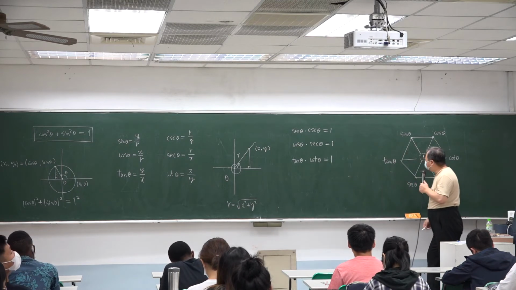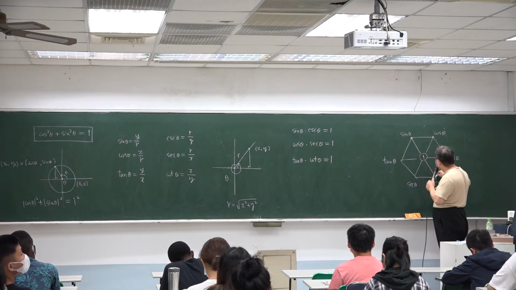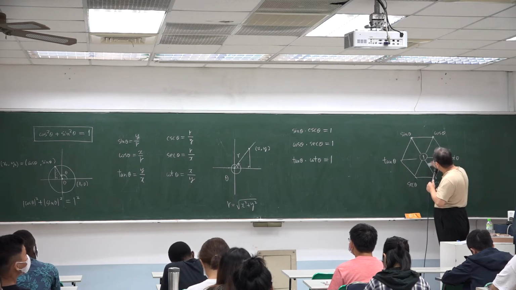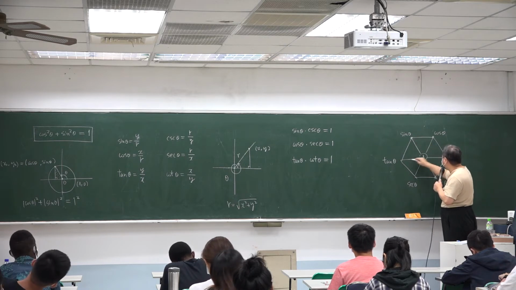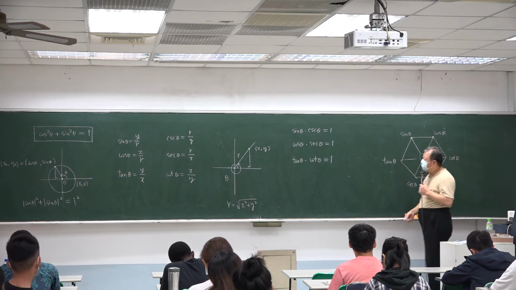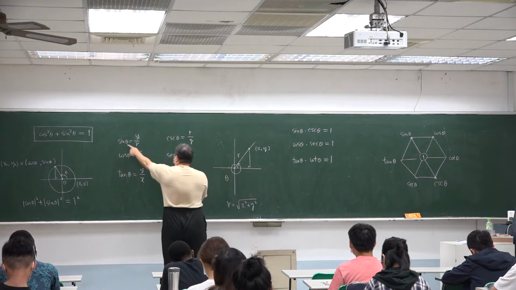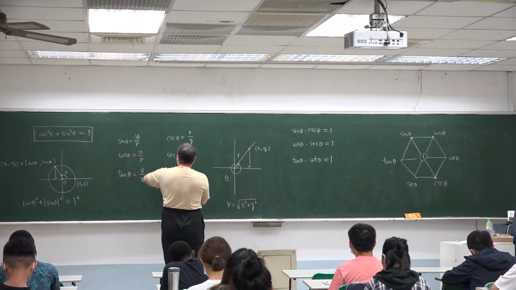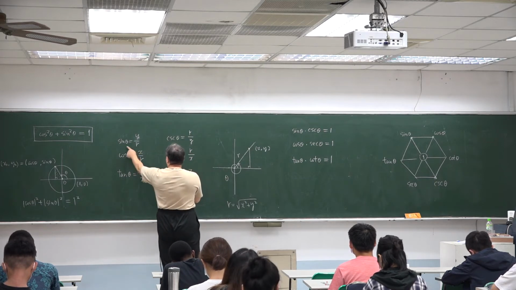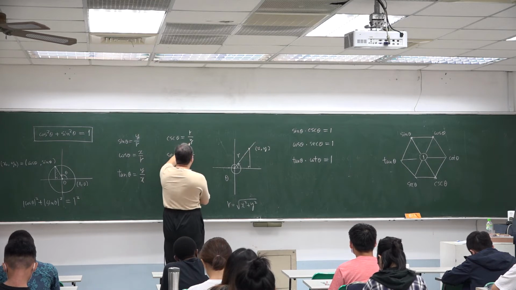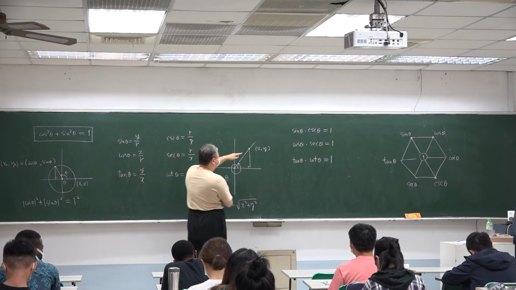The product of these two positions, the endpoints of the diameter, is 1. Because by definition, these two functions are reciprocal to each other. So the product of these two functions or these two ratios is 1.